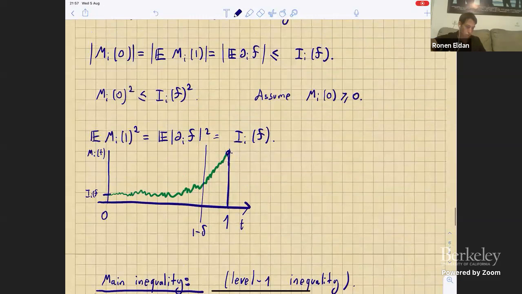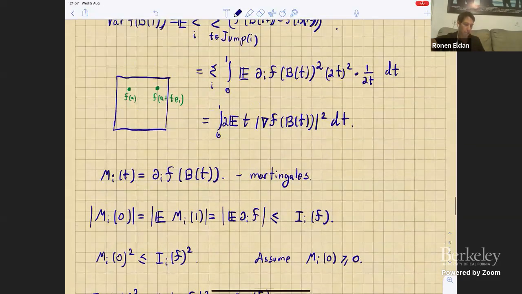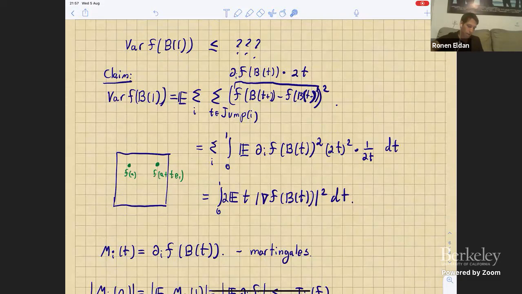And what this is going to imply, just to give you an intuition of why, let me go back to this formula here. This formula shows you that the quadratic variation, which is really the speed at which the martingale moves at any given time, depends on the size of the gradient of f at this point in time.